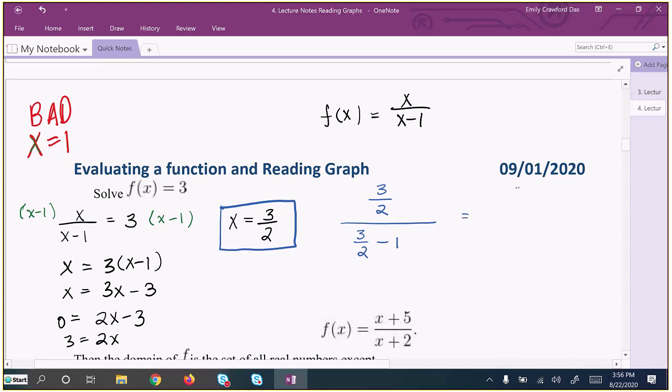Well, that's 3 over 2 divided by 3 over 2 minus 2 over 2, which is 3 over 2 divided by 1 over 2, which is 3 over 2 times 2 over 1, which is 3. That's exactly what we wanted. So we're going to say that x equals 3 over 2 is the solution to the equation.